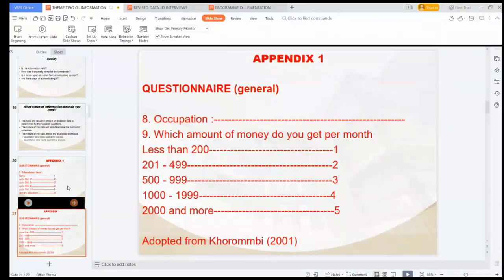But this is different from what the response might look like for question 9. It says, which amount of money do you get per month? Now here, again, it needs a number, just like the previous one. Now you can see that the wording of the question would determine what data you are collecting, and that is the response that comes from a respondent.